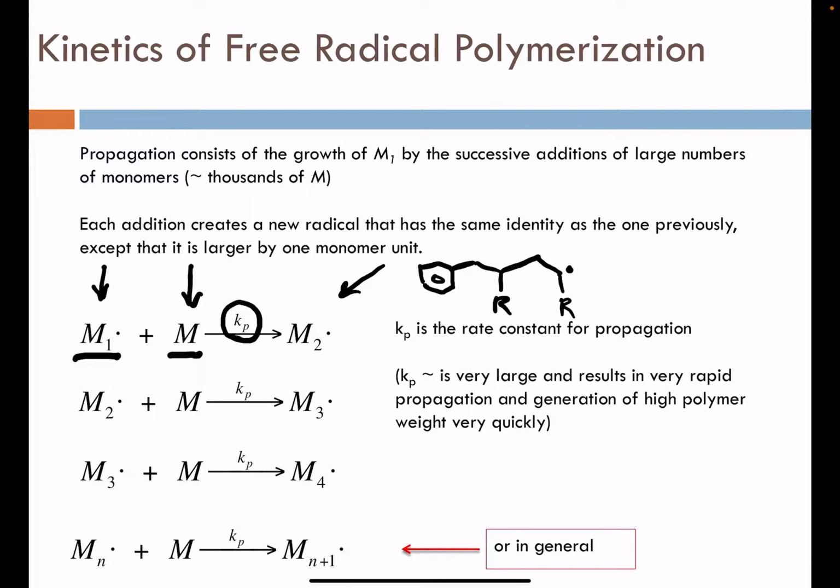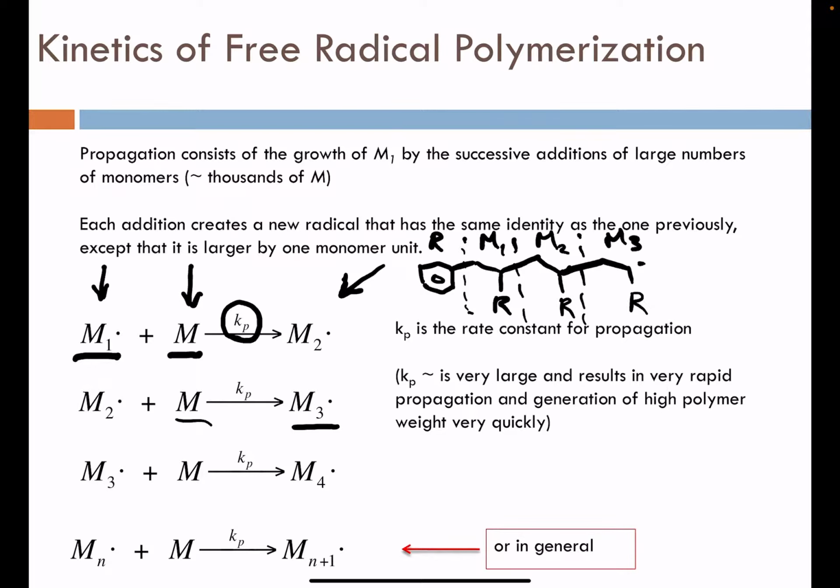Okay, so to show you where M is, this is our first M, and our next one is over here, M. So M1, M2, and this was our R dot as an example there. This M2 radical that we've pointed out explicitly here, of course, will undergo yet another propagation reaction by adding another monomer to give us an M3 product. So that would look like this.